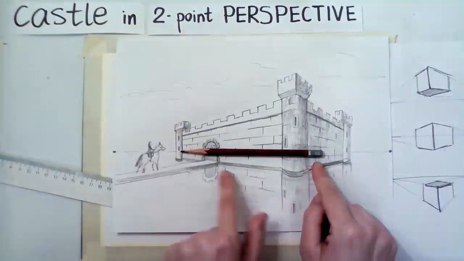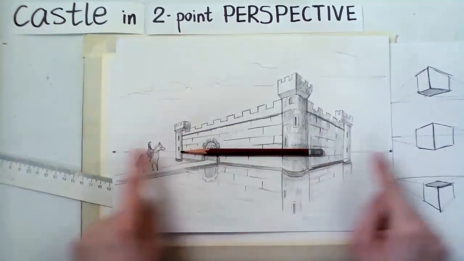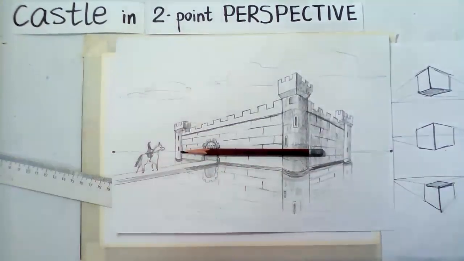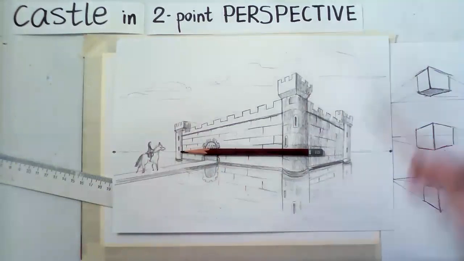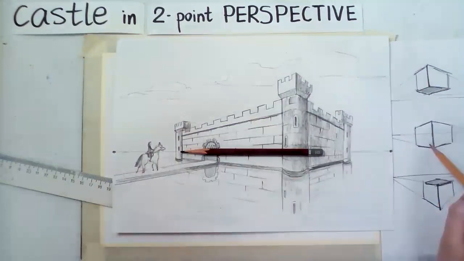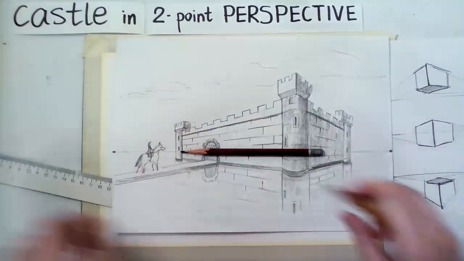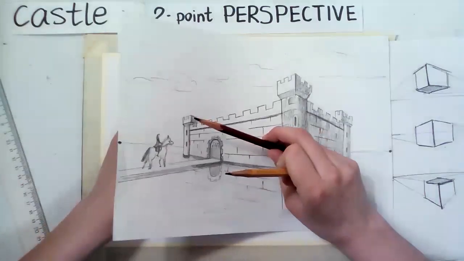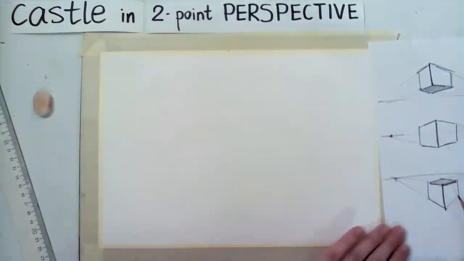Here is my horizontal line, the level of the eyes. And I see my building, I don't see the roof, I don't see the bottom. I see the walls going there. So we're gonna try this thing this way, but so you understand how we're doing it.